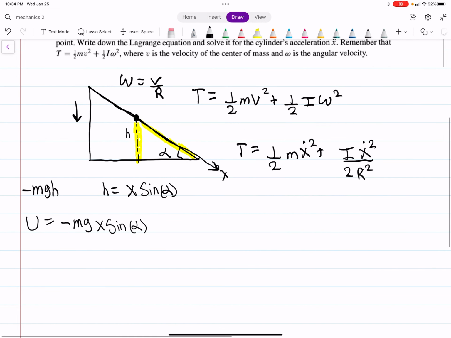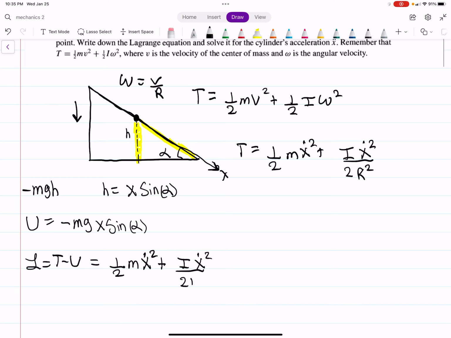And now we can construct our Lagrangian, which is just T minus U. Once you get the kinetic and potential energy, you're good to go. So L is 1/2 m x dot squared plus I x dot squared over 2r squared plus mgx sine alpha.